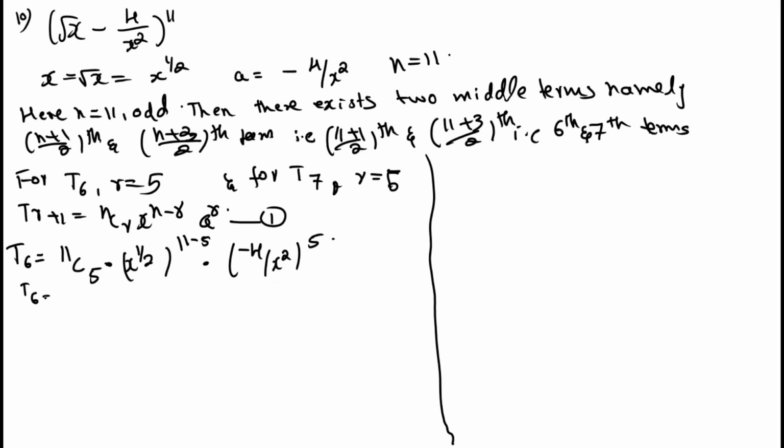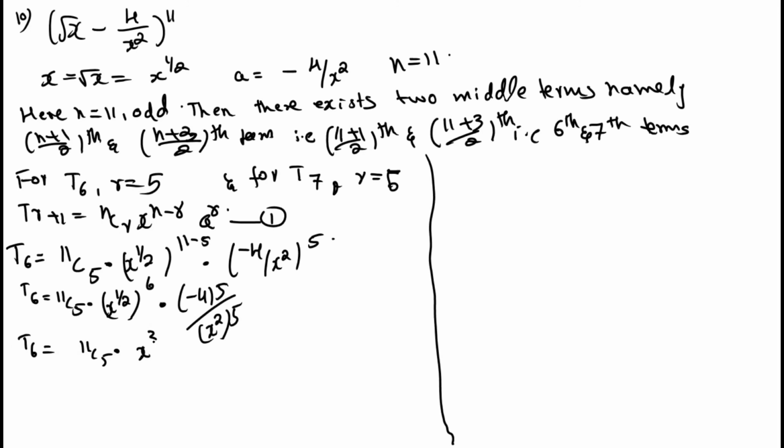So T6 equal to 11c5 into x to the power 1 by 2 to the power 11 minus 5, it's equal to 6, into minus 4 to the power 5 divided by x square to the power 5, a by b to the power n formula. So T6 equal to 11c5 into x to the power 3, right? 6 by 2, 3, into minus 4 to the power 5 is minus 1 to the power 5 into 4 to the power 5 divided by x to the power 10.